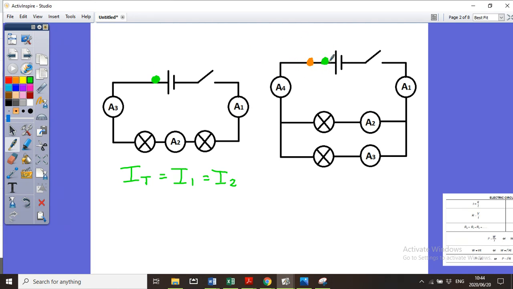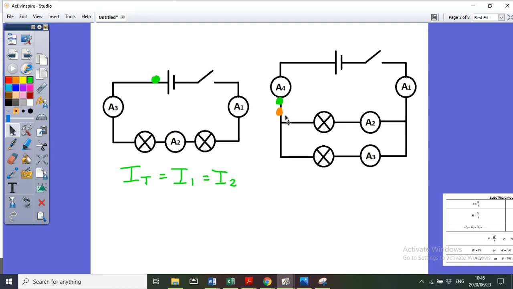So say it's a different circuit, and I now have these two passing through here. Firstly, look at the orange coulomb. The orange coulomb has to go through ammeter 4. So the orange coulomb passes through ammeter 4, and then the green coulomb passes through ammeter 4. So 2 coulombs per second passed through ammeter 4.